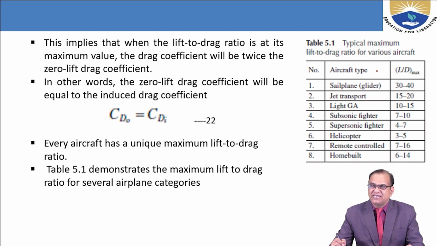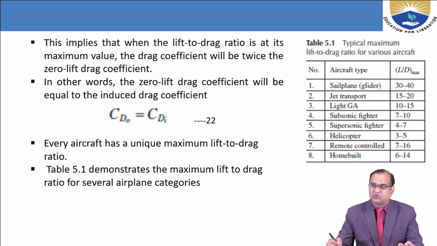So if you see the sailplane or the glider, it is very high, 30 to 40 L by D ratio. For jet transport aircraft like Boeing, Airbus, they have 15 to 20. Light general aviation aircraft like Cessna and all, they have 10 to 15. Subsonic fighter, they have 7 to 10. Supersonic fighter, they have 4 to 7.